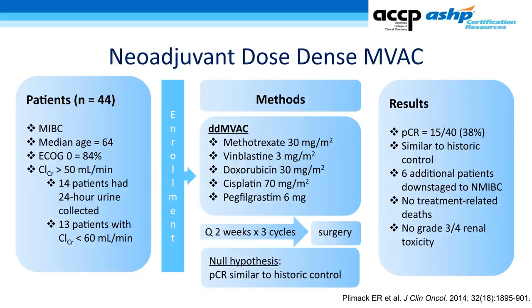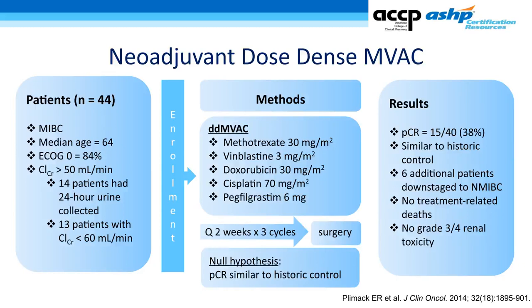And then following a 24-hour urine, they then met that inclusion criteria of having a creatinine clearance above 50, but less than 60. So again, that's a point to mention for folks that if you do your Cockcroft-Gault estimated GFR and it's below 50, it may be worth doing a 24-hour urine, because cisplatin-based chemotherapy is incredibly important for cure in the neoadjuvant setting prior to cystectomy and curative surgery.